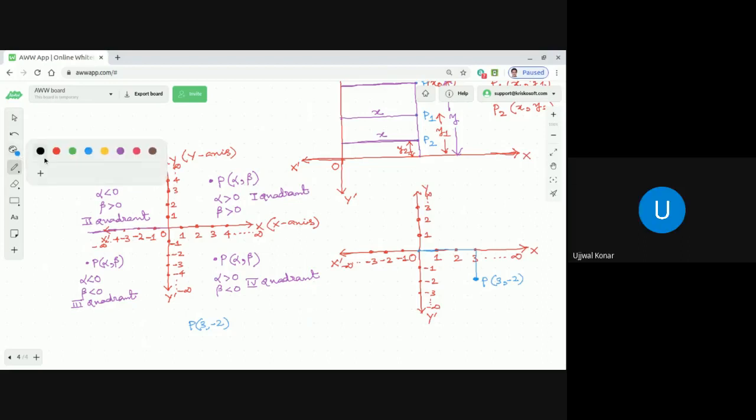Now let me come to Manishika. Please tell me a point and I will place it, and you tell me whether I am doing it correctly or not, or if you have any confusion. 4, 6. All right.